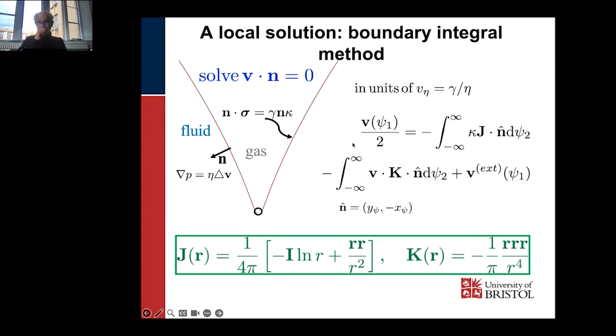The essence of the boundary integral method is easily understood. The flow in such a free surface flow can be understood as being driven by the surface tension, and I can think of this surface tension forcing as a distribution of delta functions along the free surface whose strength is proportional to the curvature and pointing in the direction of n.